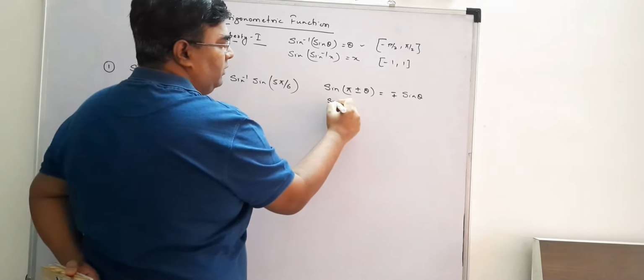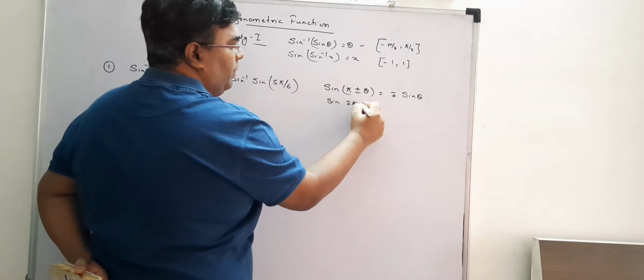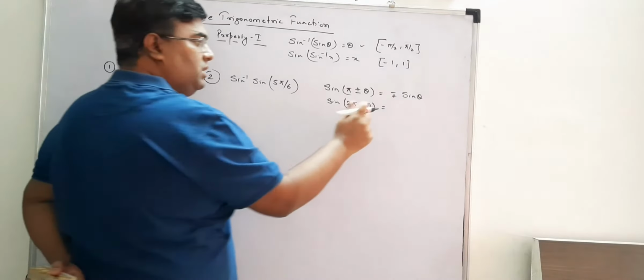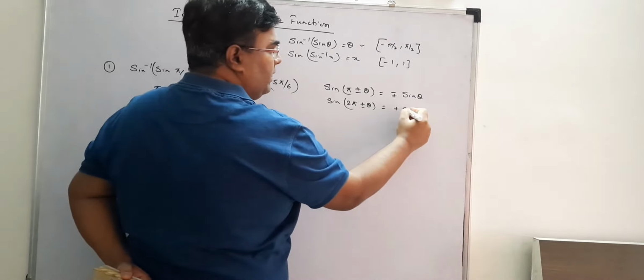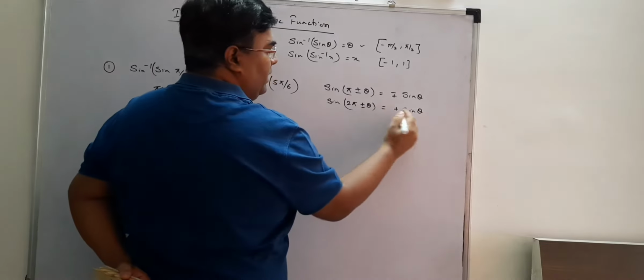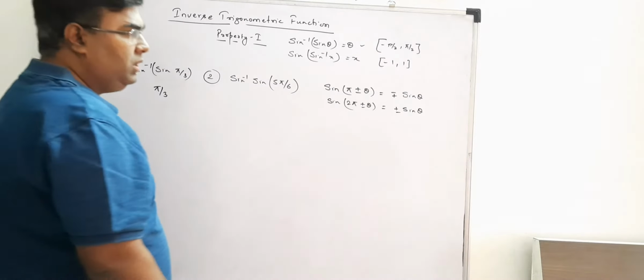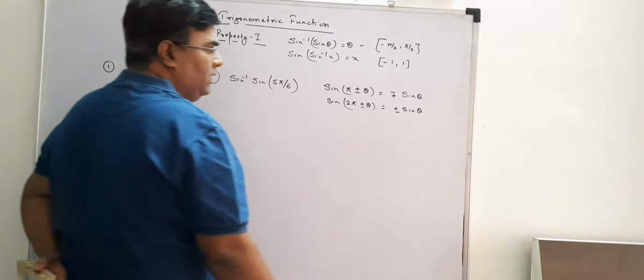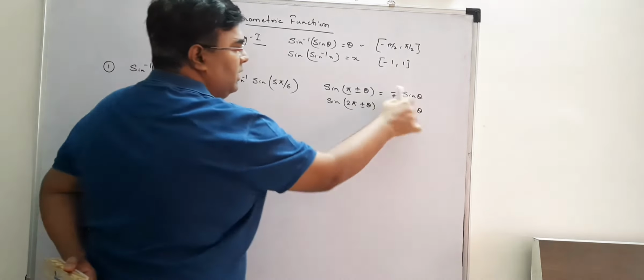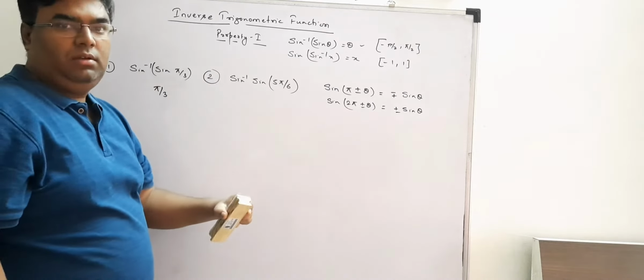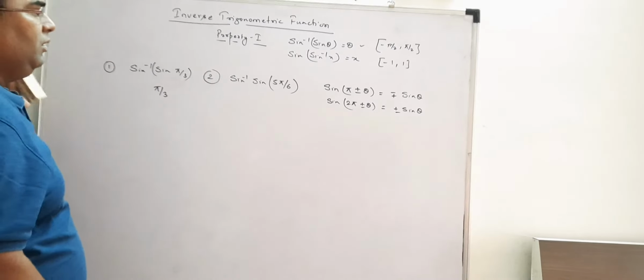And sine of 2 pi plus minus theta, again 2 pi plus theta, then it will be plus sine theta, and minus is minus. So in these 4 ways you can keep the sine term the same. Let us see which formula we can use here.